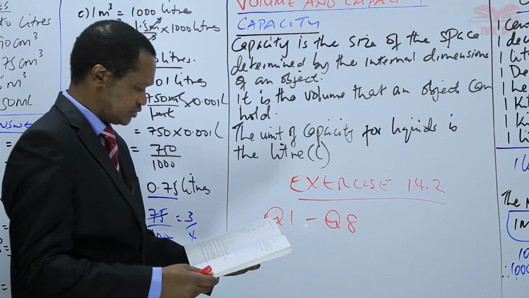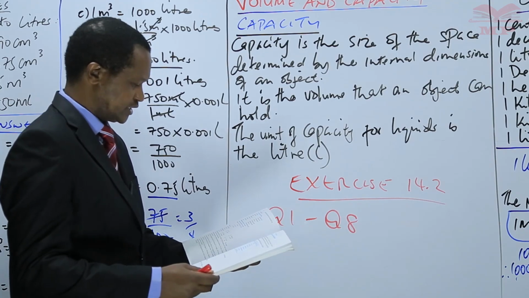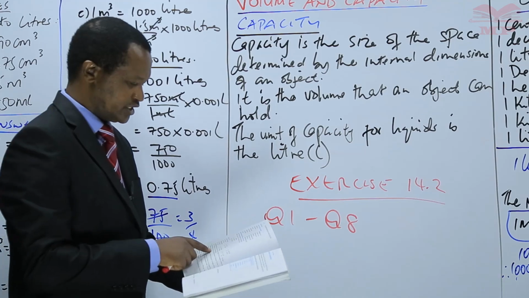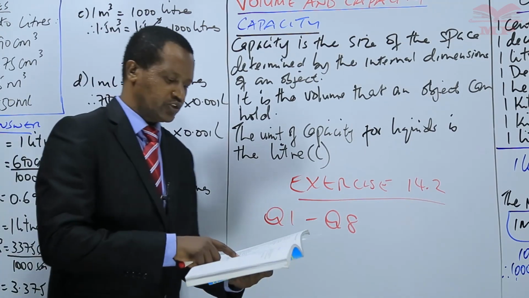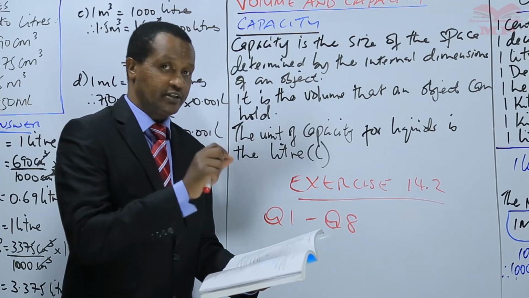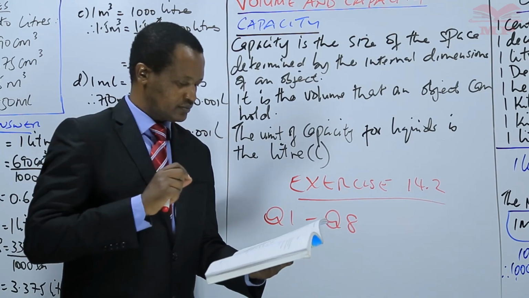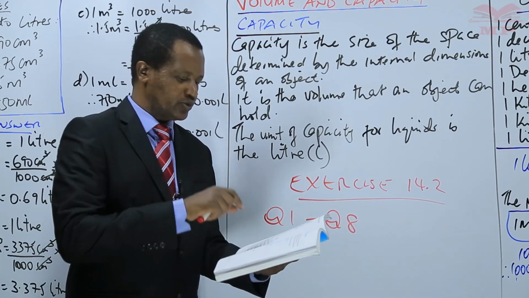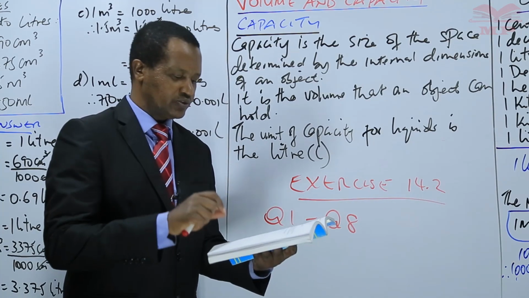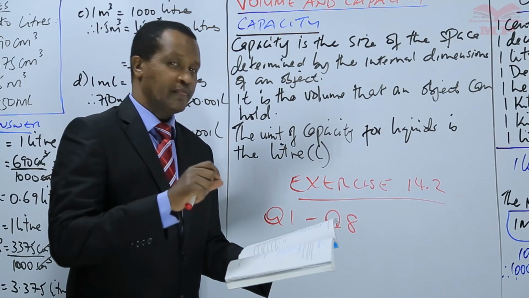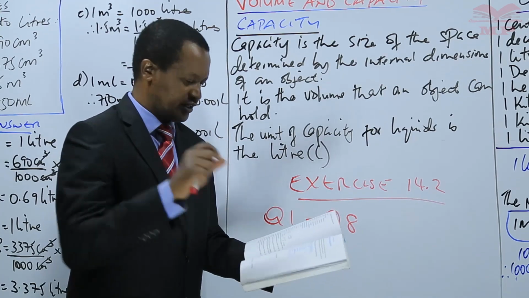There are very good questions here that you need to attempt. Practical questions, like question 4 says, 1 liter of milk is poured into a cylindrical container of radius 10 centimeters. Calculate the depth of the milk. Number 5 says, find the width of a rectangular room which is 8 meters long, 5 meters high, if it contains 120 cubic meters of air.